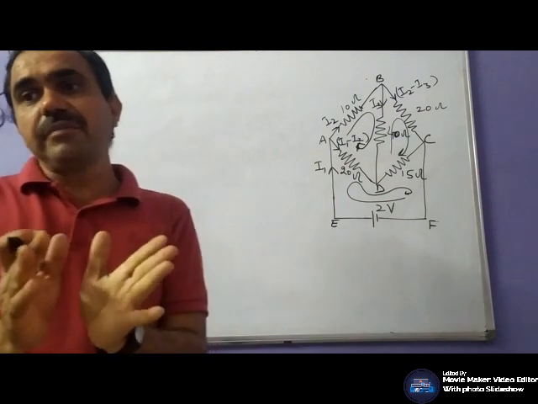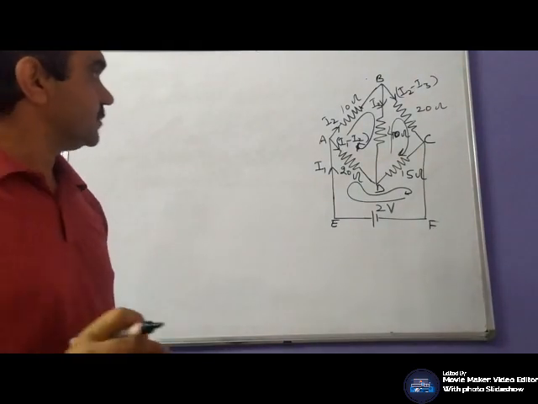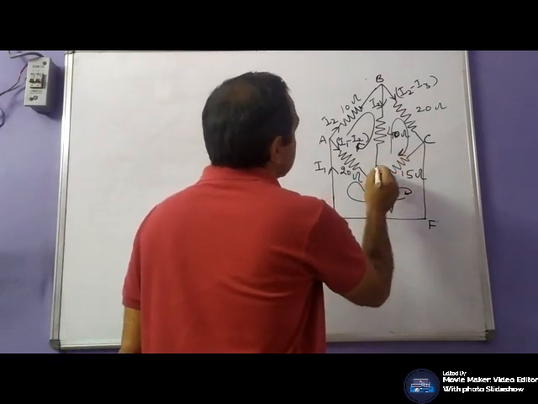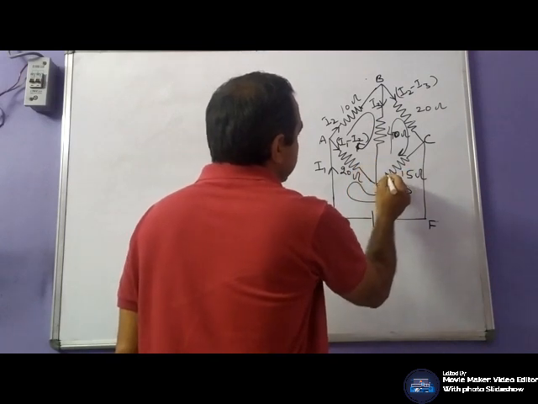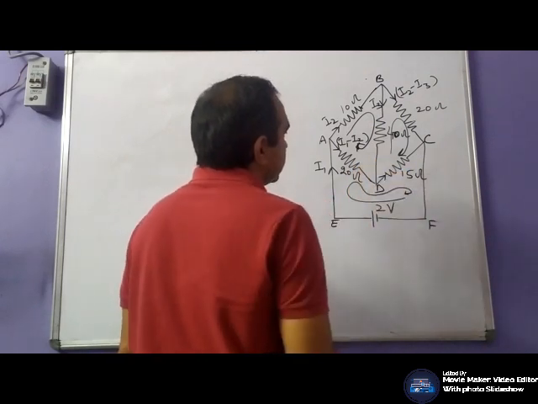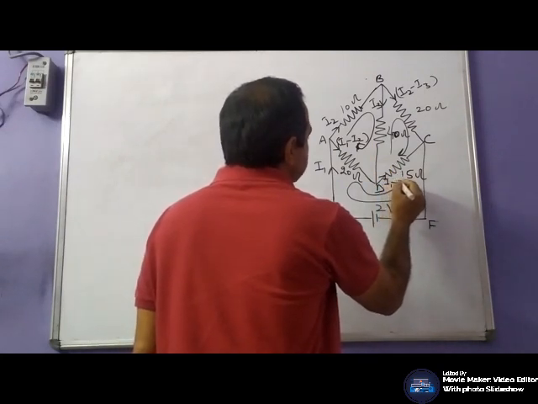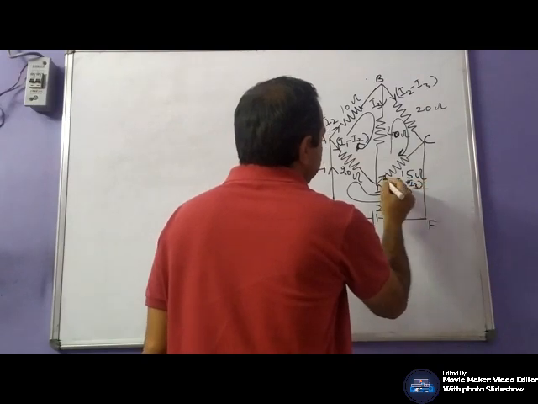So incoming current would be equal to outgoing currents. I2 minus I3. What would be this current? Let this be the current I1 minus I2 plus I3.